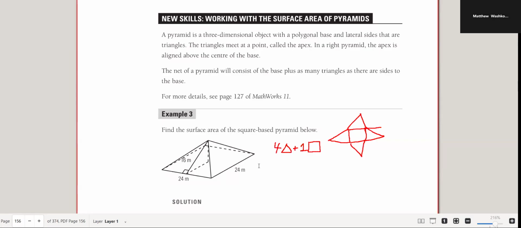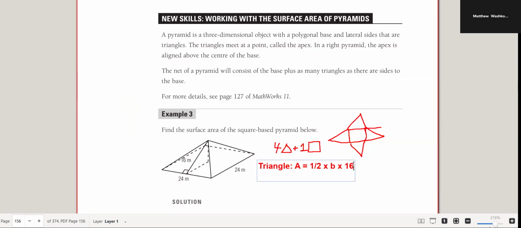So for the triangles, the area is equal to a half times base. What's my base? 24 times height. What's my height? 16. Oops, sorry.